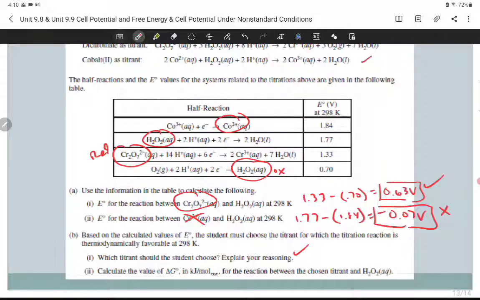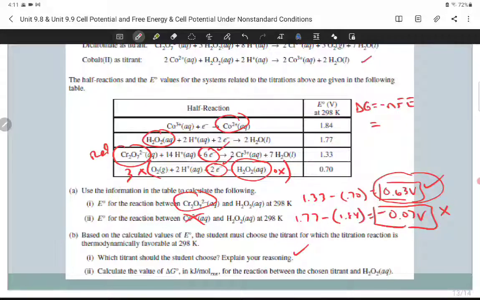And then calculate delta G for the reaction you chose. So we're going to have to use that voltage and that equation. How many electrons are transferred between these two reactions? Well, 6 won't cancel with 6, so I think we had to multiply that entire reaction by 3.